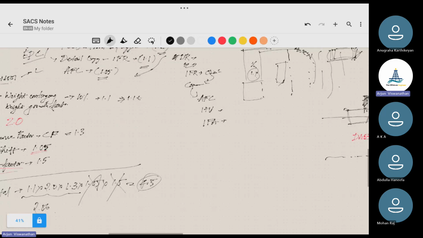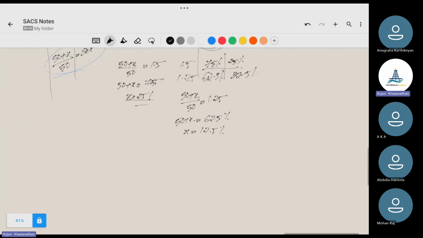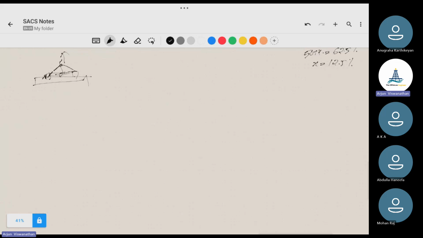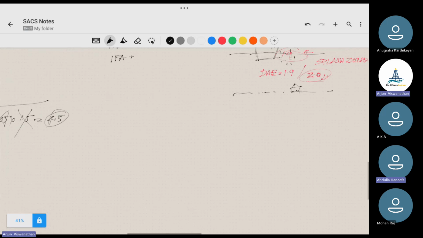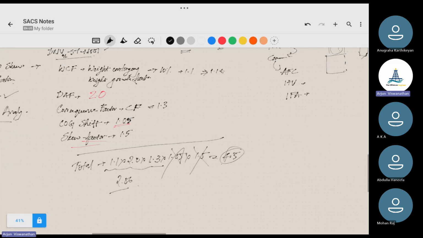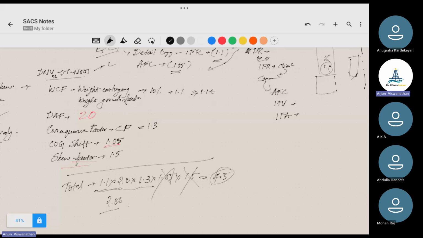Now, once we model it, there are a few more things you should remember. Let's say this is the total value we get, multiplying all these factors, so we get a final factor.